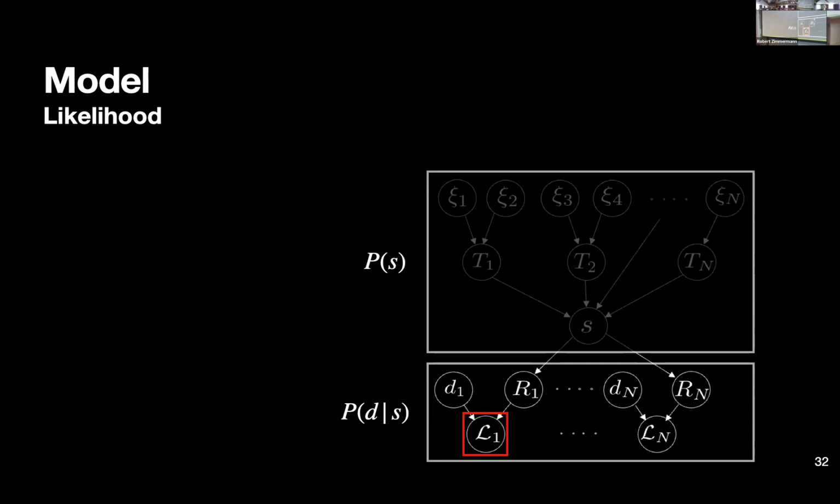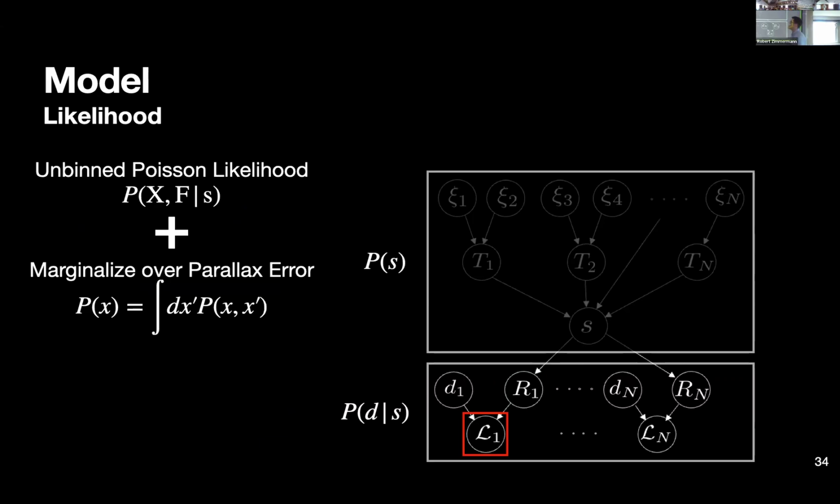Then the second very important part is the likelihood. Here I first use an inhomogeneous Poisson likelihood, the probability for each individual measurement of the star to be at a certain position, having a certain flux given the prior knowledge, and then combine this with explicit marginalization over the parallax error, to account for not knowing exactly where the star is, but only having a distribution of where the star is.